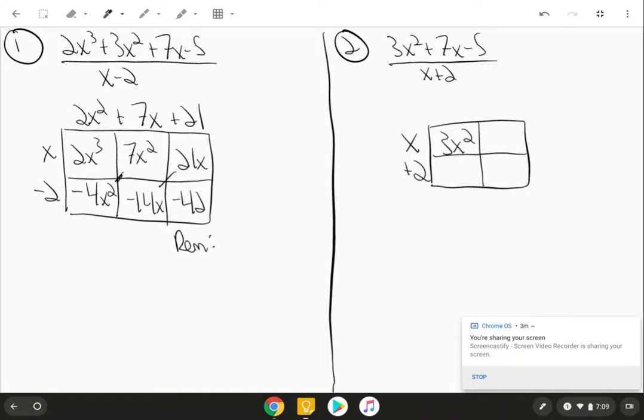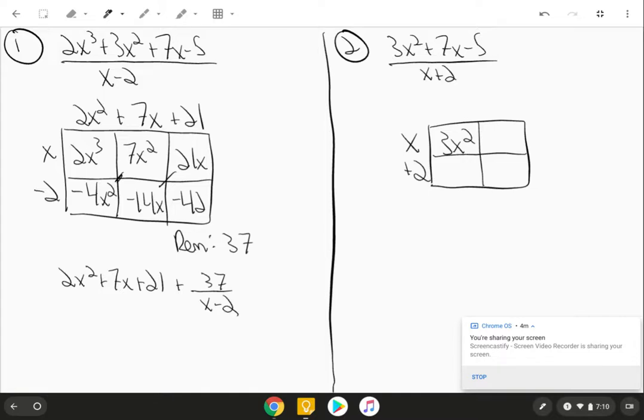To go from negative 42 to negative 5, I have to go up by 37, so my remainder is positive 37. My answer when I divide is 2x squared plus 7x plus 21 plus 37 over x minus 2.